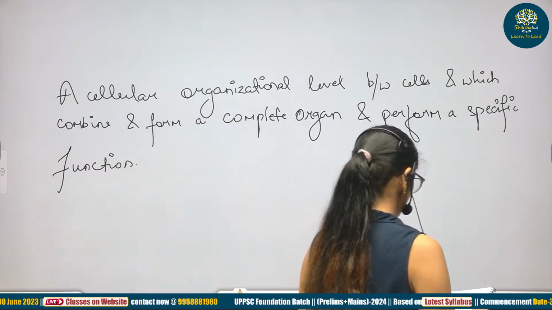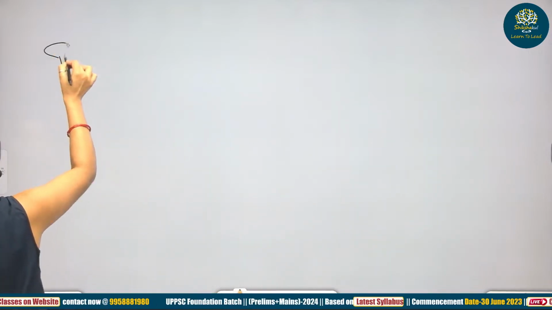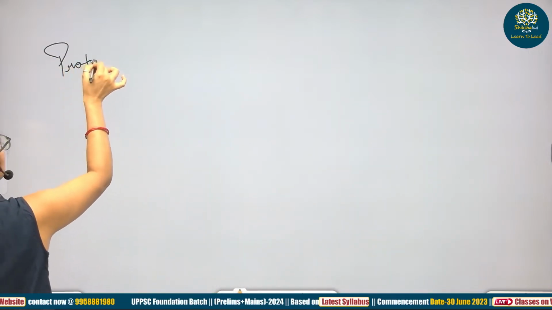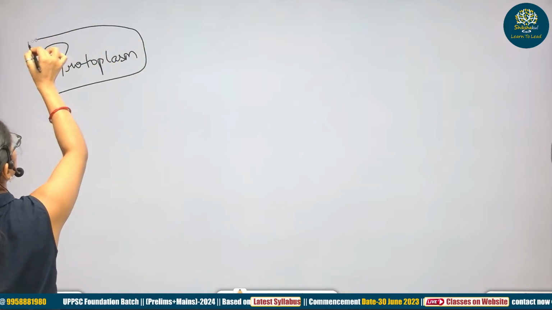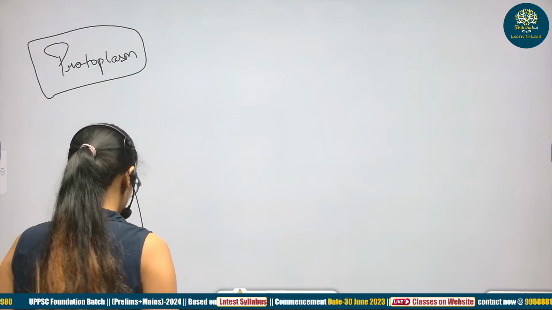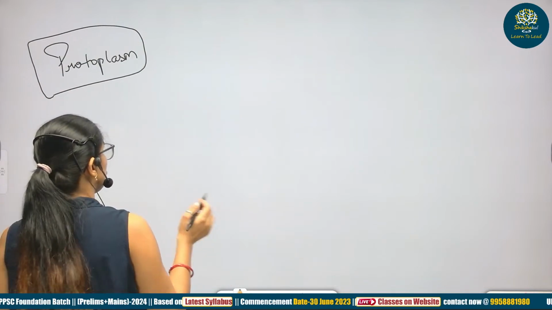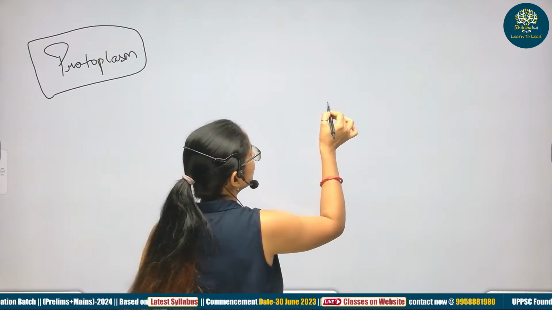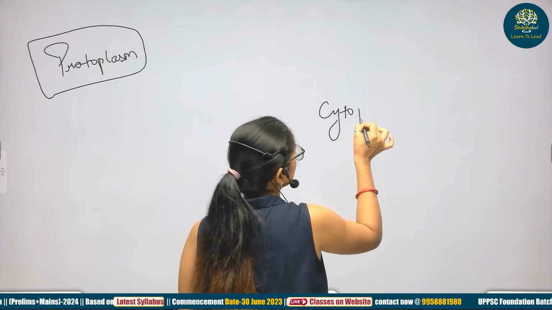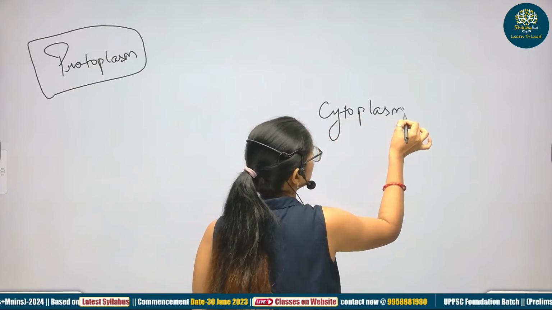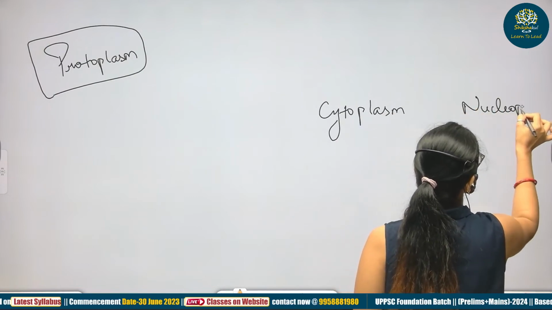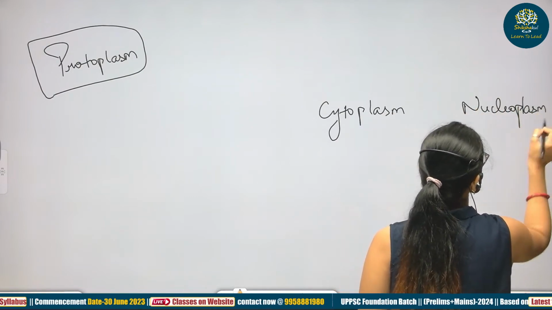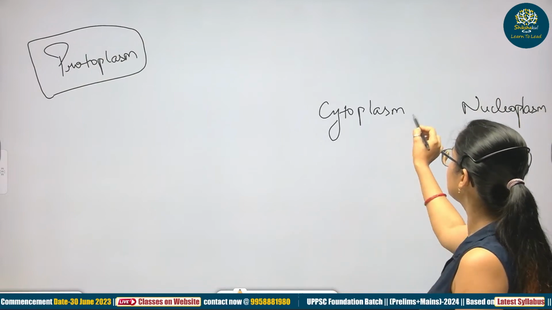Now if we talk about the protoplasm, the third and last topic. So what do you mean by protoplasm? We are already familiar with the two terms, cytoplasm and nucleoplasm. So what do you mean by these two terms?